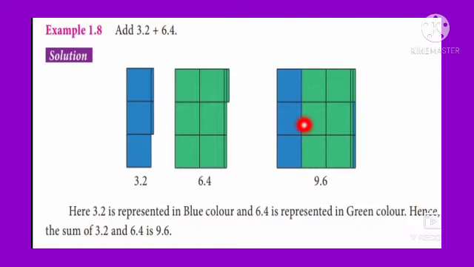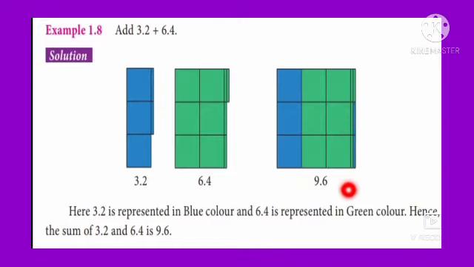So we can write the decimal number as 9 in the whole part, and in the tenths place there are 6 thin rectangular stripes. So the number 6 we have to write in the tenths place of the decimal number.